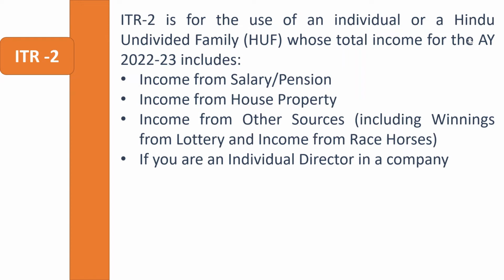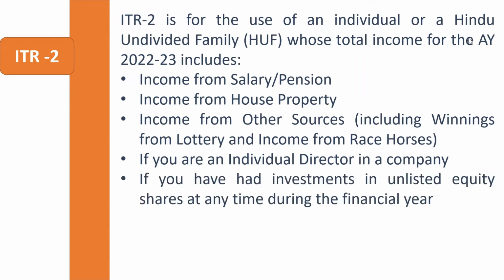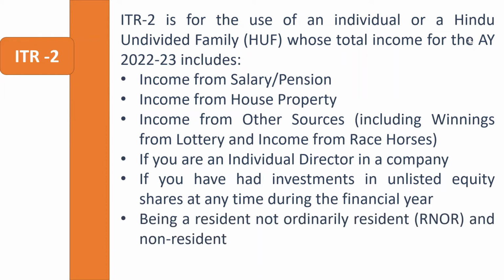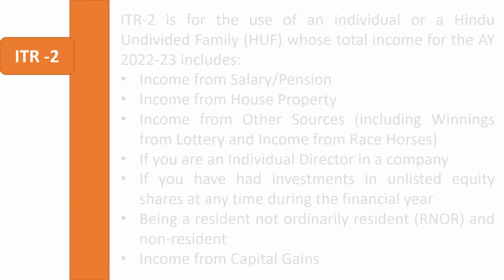If you are an individual director in a company and if you have had investments in unlisted equity shares at any time during the financial year, being a resident, not ordinarily resident, RNOR, and non-resident, income from capital gains.